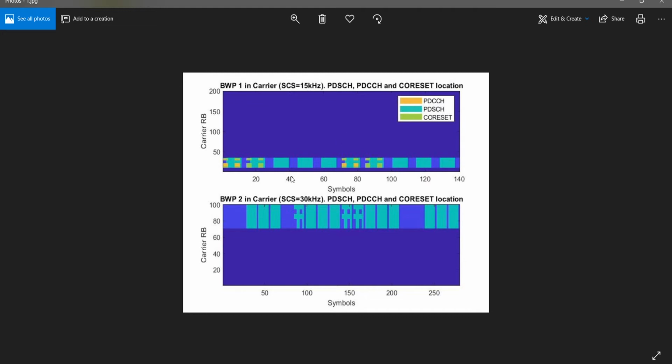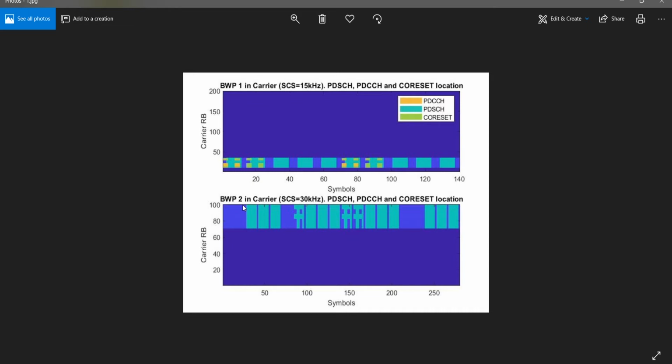So you can see for the first bandwidth part we define a resource block offset of 10, which corresponds to here, and then this part is the bandwidth of bandwidth part 1. Similarly, for this one we define a resource block offset of 70, and this part corresponds to bandwidth part 2's bandwidth.